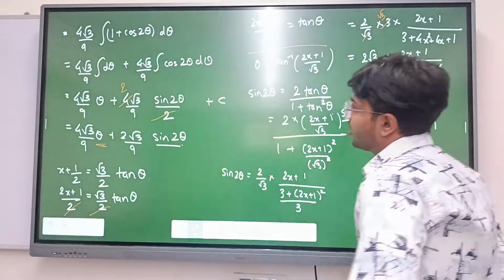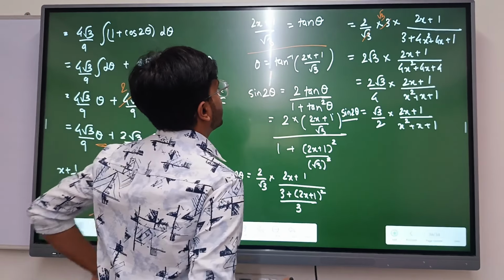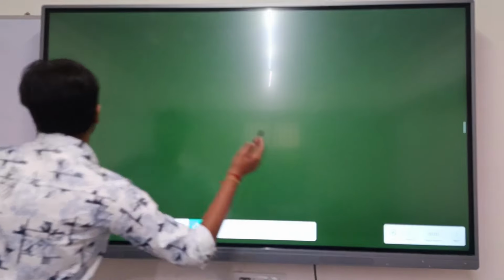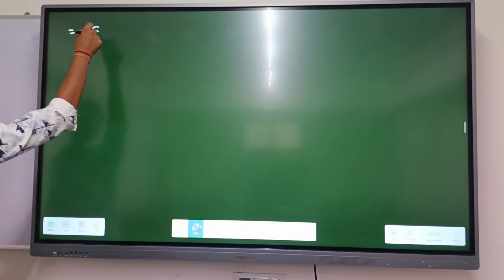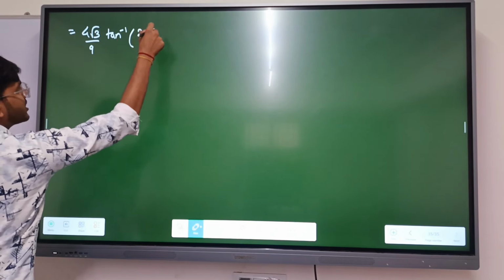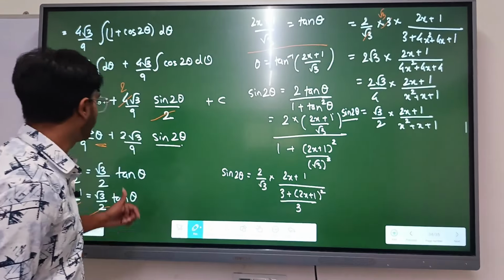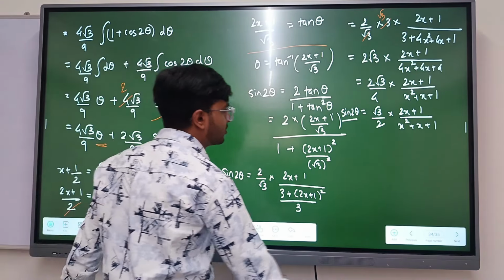I'll substitute the value of theta and sin 2 theta. What is theta? Tan inverse of (2x plus 1) by root 3. So we have 4 root 3 by 9 tan inverse of (2x plus 1) by root 3 plus 2 root 3 by 9 sin 2 theta.